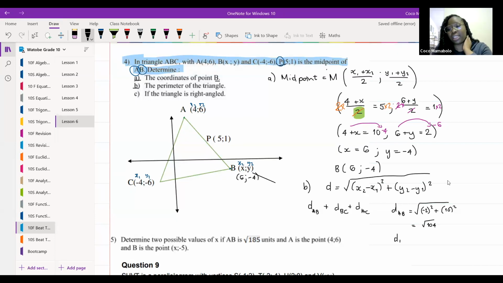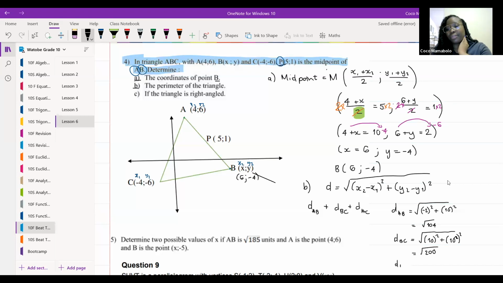The distance of BC is going to be the square root of 6 minus -4, which will give us 10 all squared, plus -4 minus -6, which will give us another 10 all squared, right? Which is equal to the square root of 200.